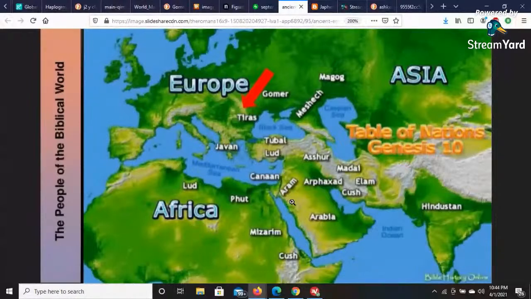Of course, Shem had these Semitic sons here, and they're all accounted for. What is it? Arphaxad, Arpachshad, Aram, who is the father of the Syrians, Asher, who is the father of the Assyrians, Elam, which is the father of the Elamites and the Dravidians, Elamo-Dravidians, and they went to India.